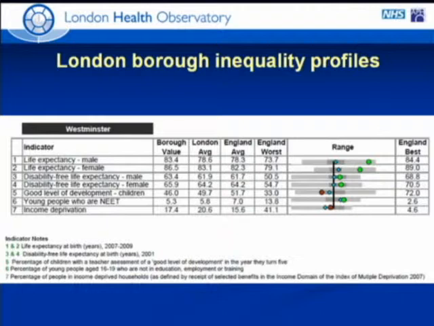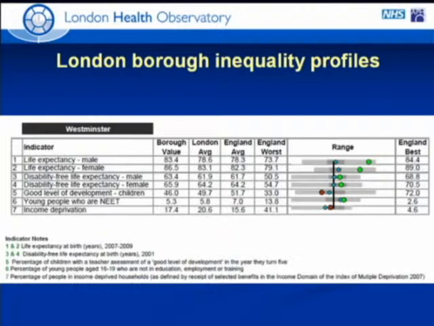So the red dots relate to indicators where the borough is doing significantly worse than the England average, and the green dots relate to the indicators where the area is doing better than the England average, and the blue dots are the regional average, I think.